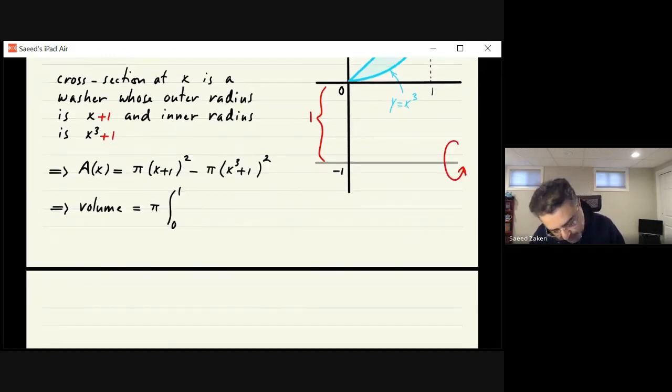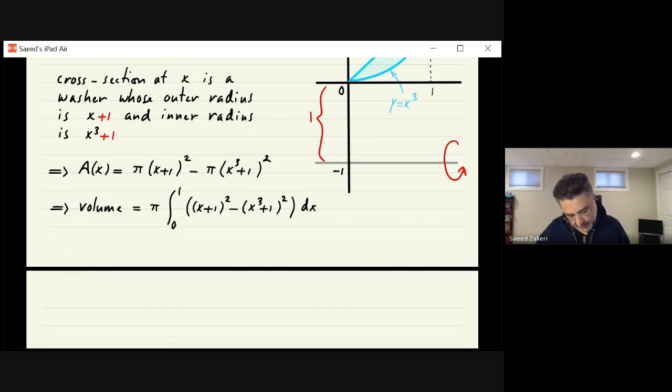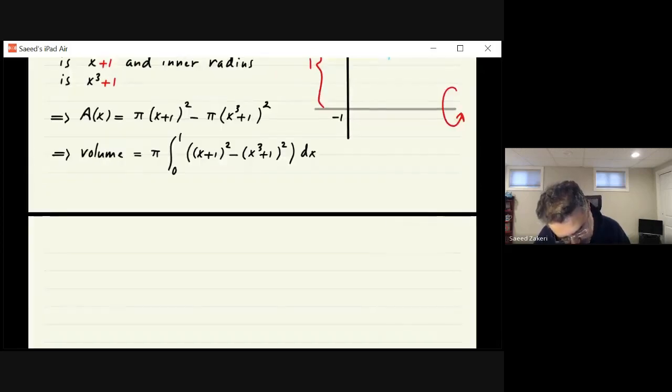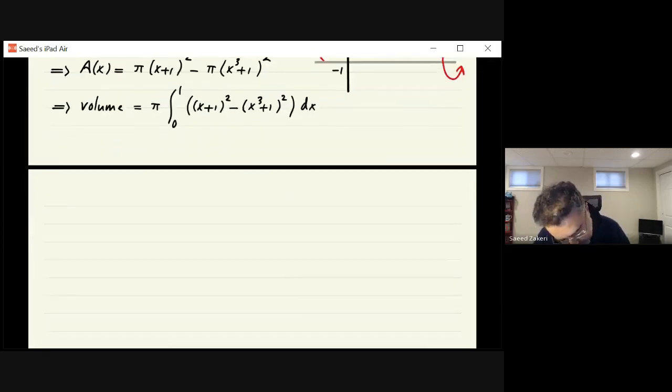The only thing that changes is I've added that extra distance 1 to both functions. So it's going to be x plus 1 squared minus x cubed plus 1 squared. I take the difference and I integrate. So this is a simple integral. I mean, it's a little tedious, but it's nothing complicated because it's just the difference between two low-degree polynomials.